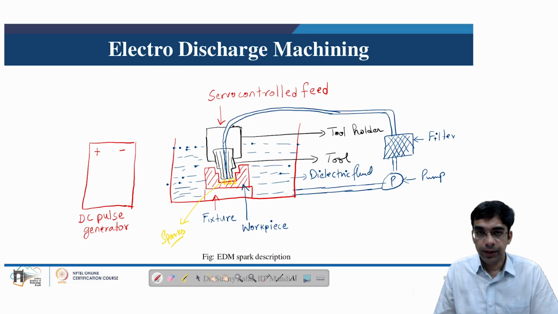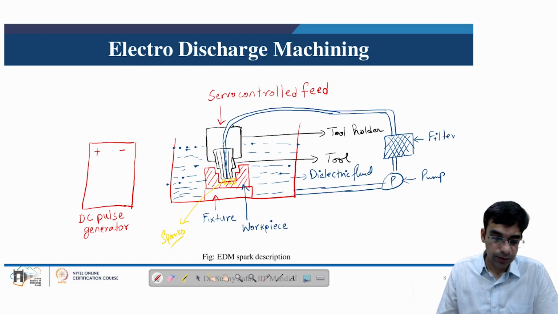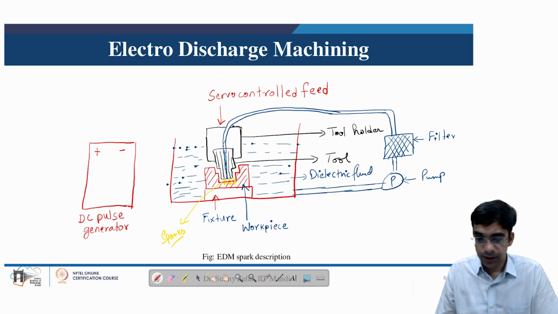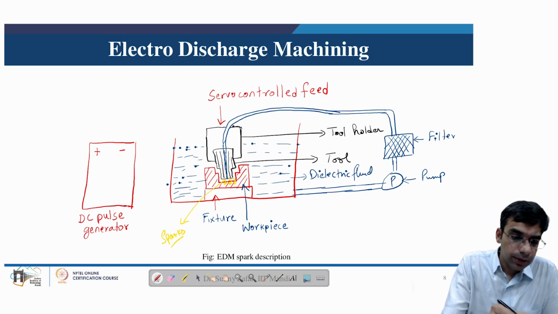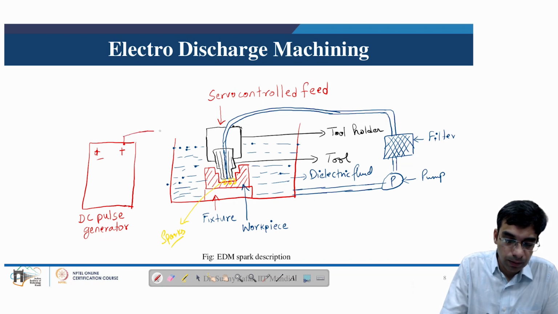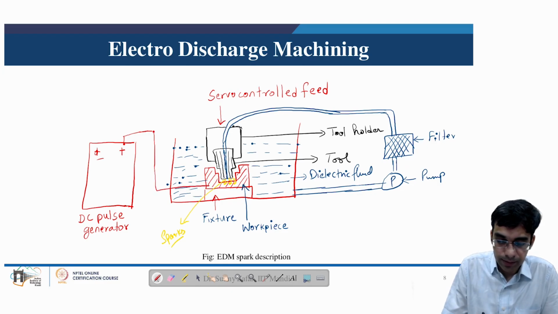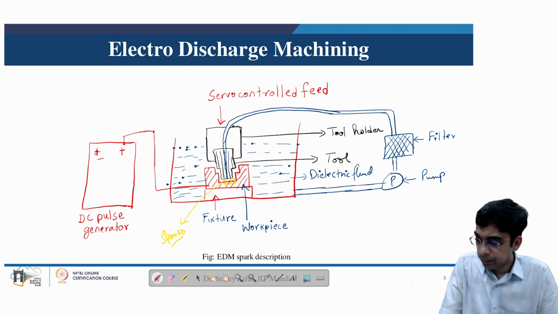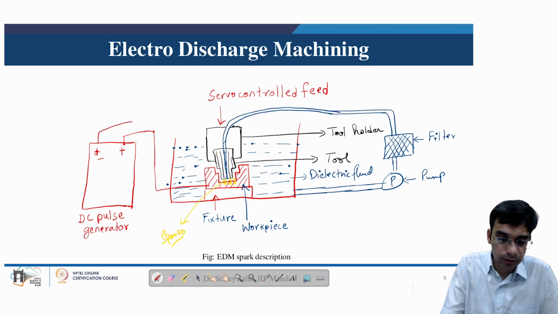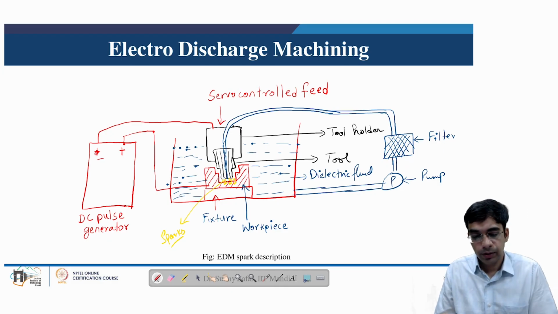Now the sparks will be only generated once we have the connection of the DC pulse generator. So in this regard, the positive side is connected to the workpiece, and the negative terminal of the DC supply is connected to the tool.